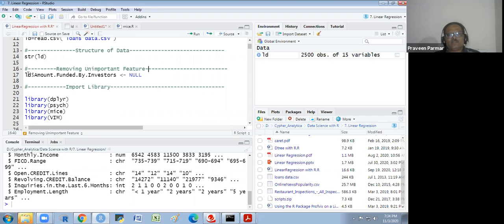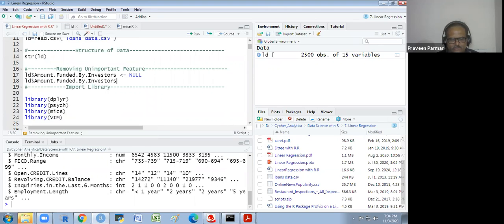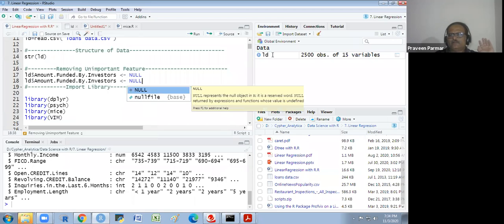So that is LD dollar amount funded by investor is equal to NULL. Got it? It's very easy. You just write down the data frame name, then you put the dollar, you will get the drop down menu. You select that variable and just put an equals sign and NULL in capital. Got it?